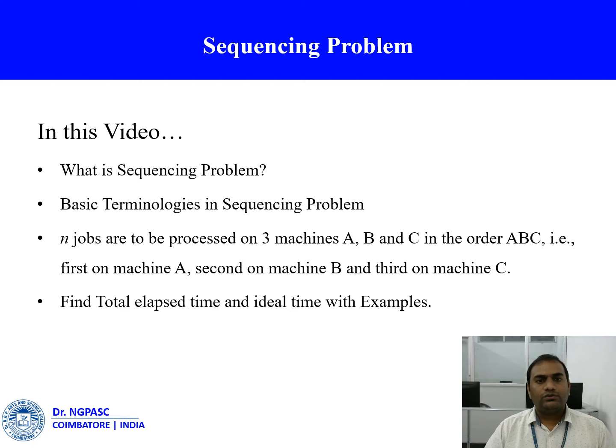In this video, we are going to see what a sequencing problem is, basic terminologies in sequencing problem, then how to find the sequence for the type of problem where n jobs are to be processed on three machines A, B and C in the order A, B, C. That is, first on machine A, second on machine B and third on machine C. Finally, we calculate total elapsed time and idle time with an example.